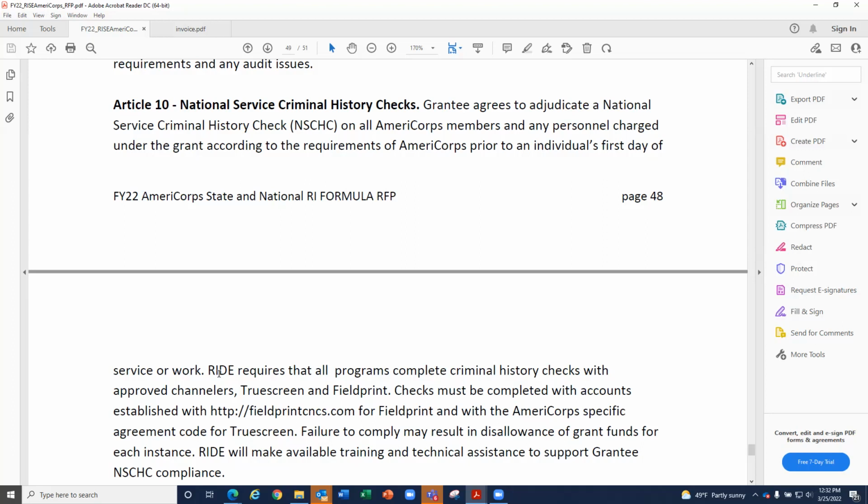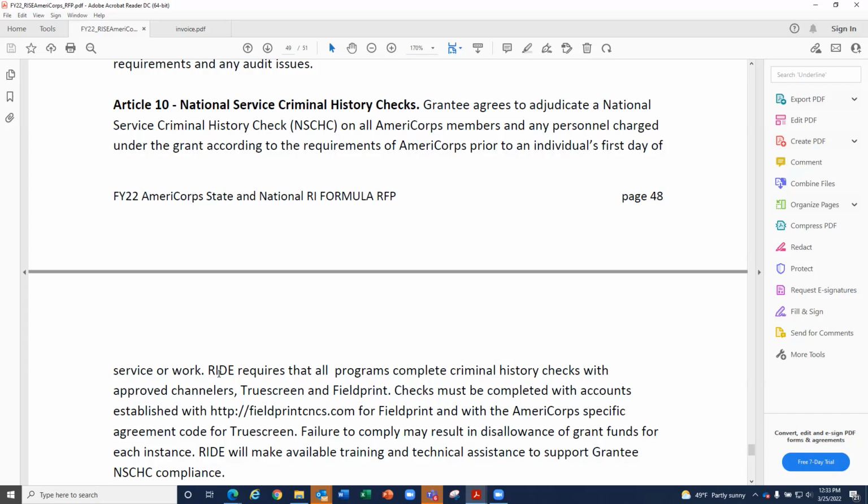So we are going to introduce you to some vendors, one called TrueScreen and one called FieldPrint, and ask you to create accounts with these online systems and to follow a specific set of instructions so that the individuals that you want to place into Americorps service can first have a national fingerprint background check, and a state of service background check, that being Rhode Island.